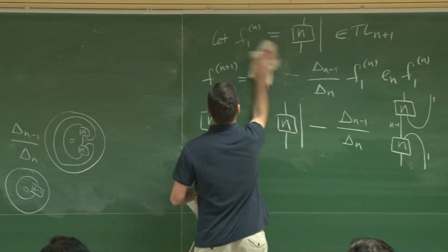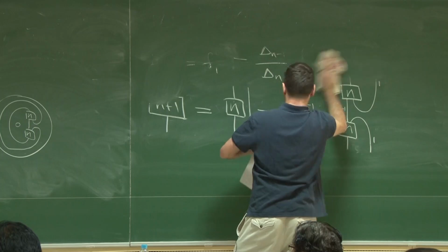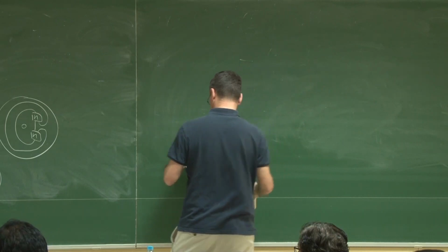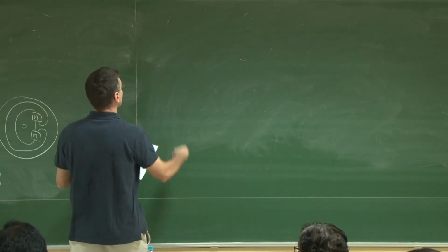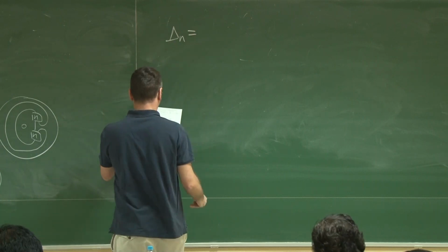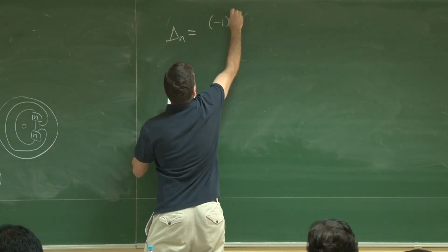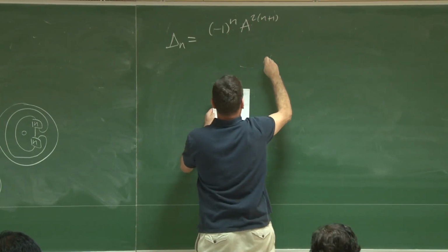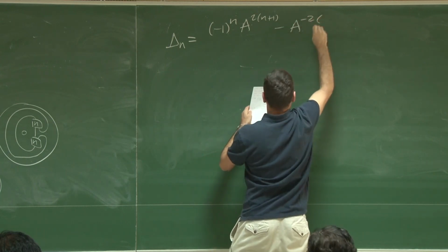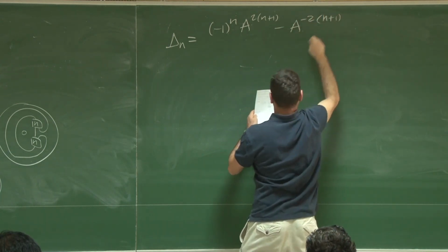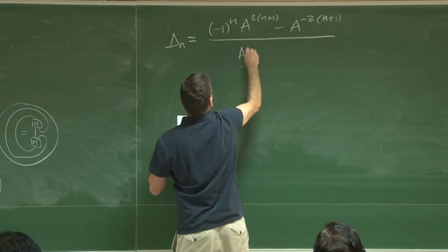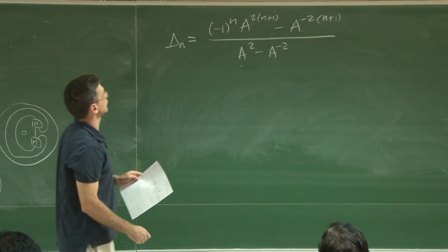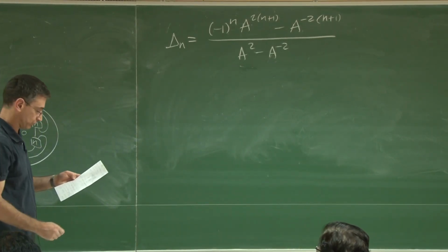It turns out that delta n is equal to minus 1 to the n, a to the 2n plus 1, minus a to the minus 2n plus 1, all over a squared minus a to the minus 2. That's the formula.